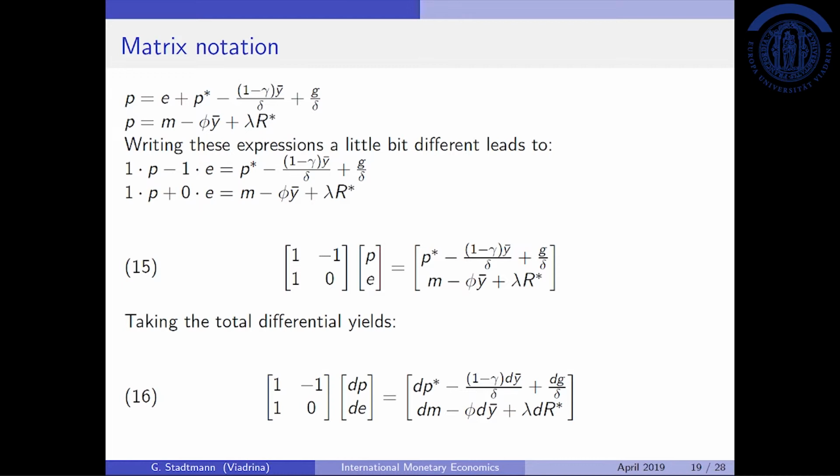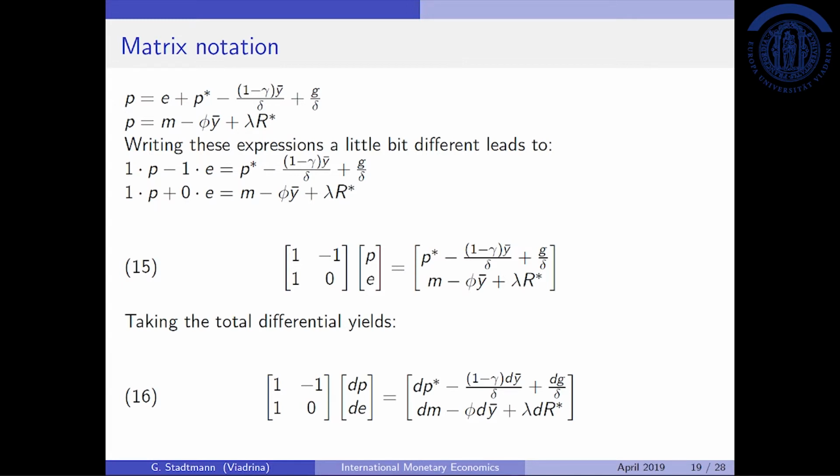Also here, it is very important that we know which variables are endogenous, which variables are exogenous. So in the first equation, we put E on the other hand side of the equation. So we get a -1 times E on the left hand side. E is not included in the second equation, and therefore we are inserting 0 times E into the second equation.